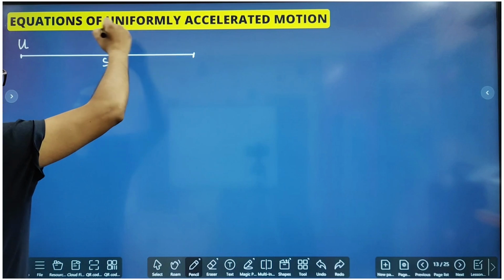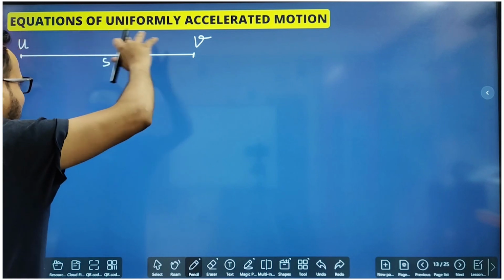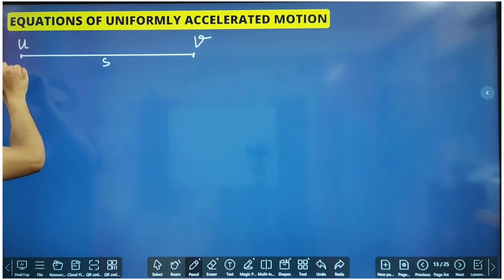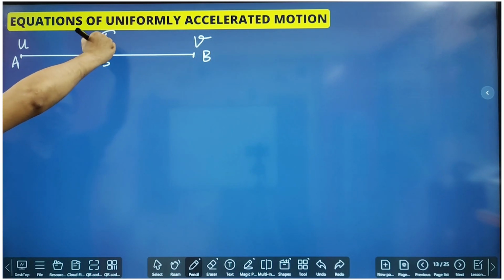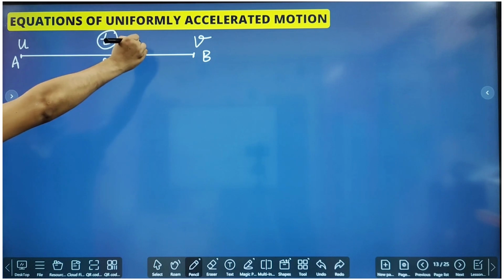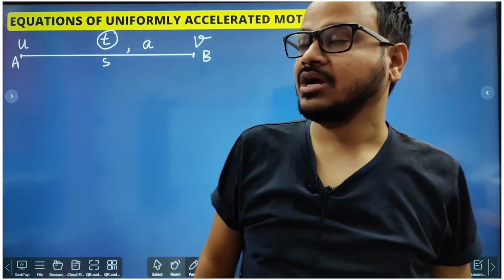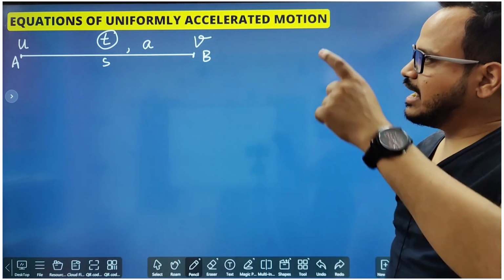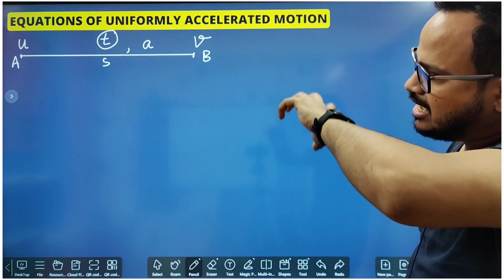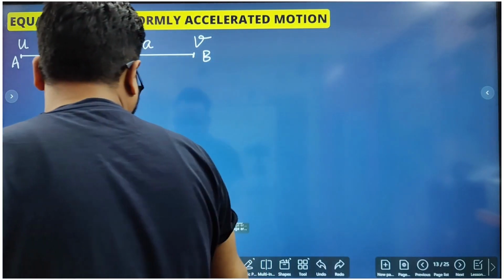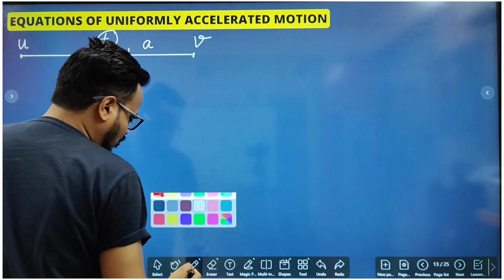Now at this point, after covering this displacement s, the velocity of the body is v, and the time taken by body to go from this point A to this point B is t, and the rate at which the velocity has changed, matlab acceleration, that is a. So we will derive 3 different relations between these variables u, v, t, a and s, and those equations are called the equations of motion.